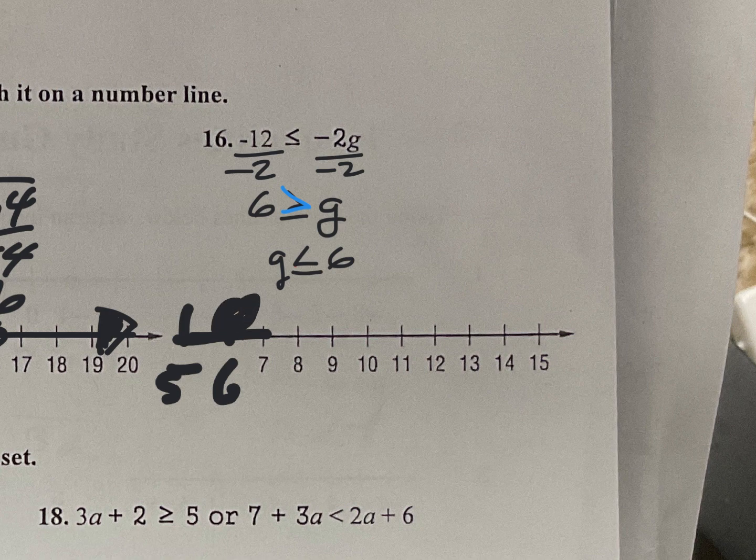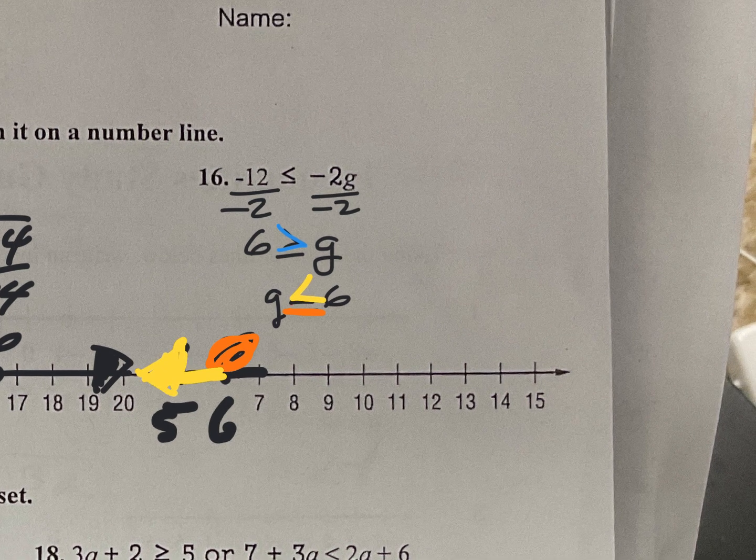And sorry, I know this is messier than crap, y'all. So because of that equal to sign, it's a filled in circle. Because of that less than, we're going to shade to the left-hand side. I know, that is ugly. Do we all understand what I mean?